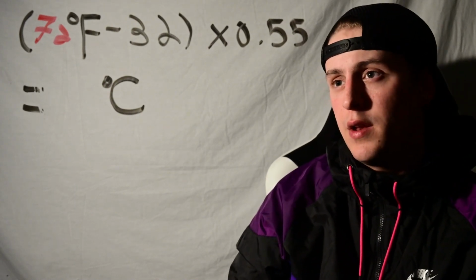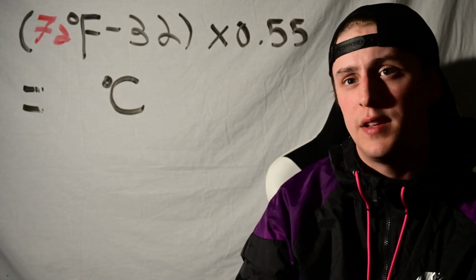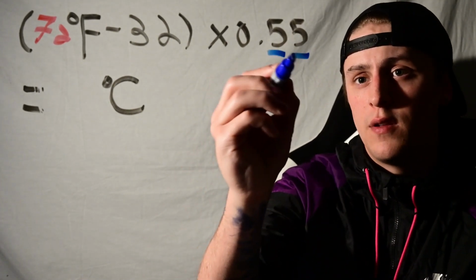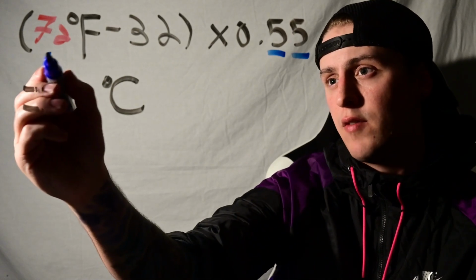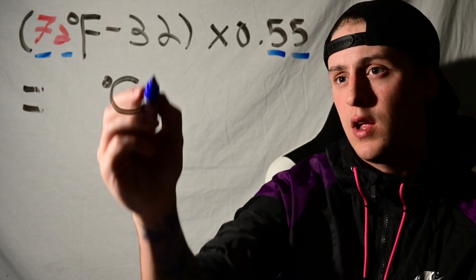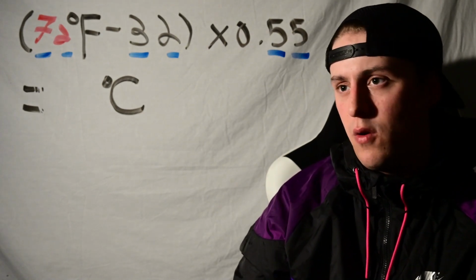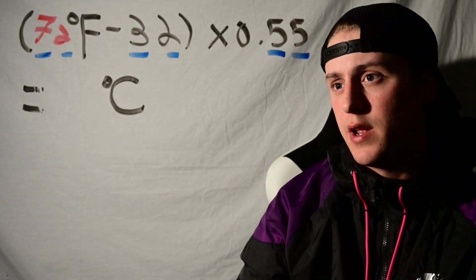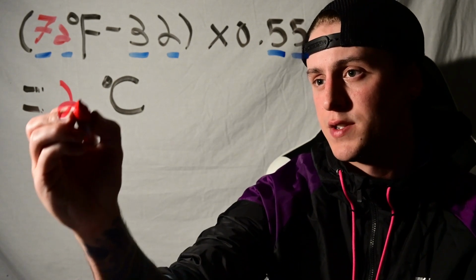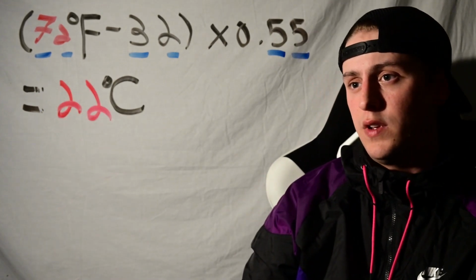22.2222. Now the reason why I say only 0.55 is that here we have 72 degrees and here we have 32 degrees. So our final answer then is just 22.